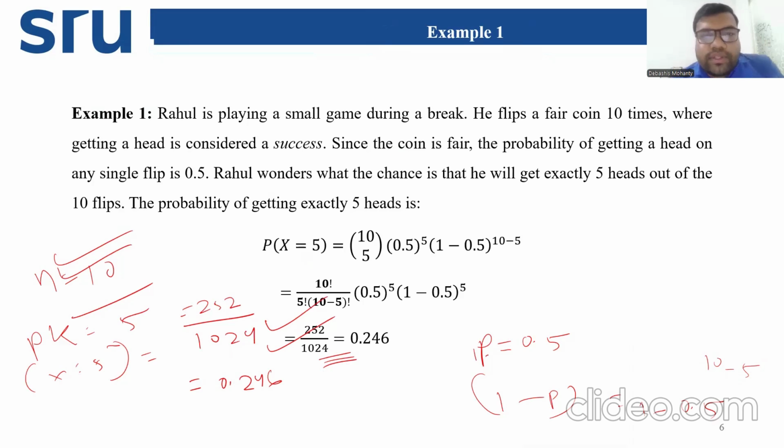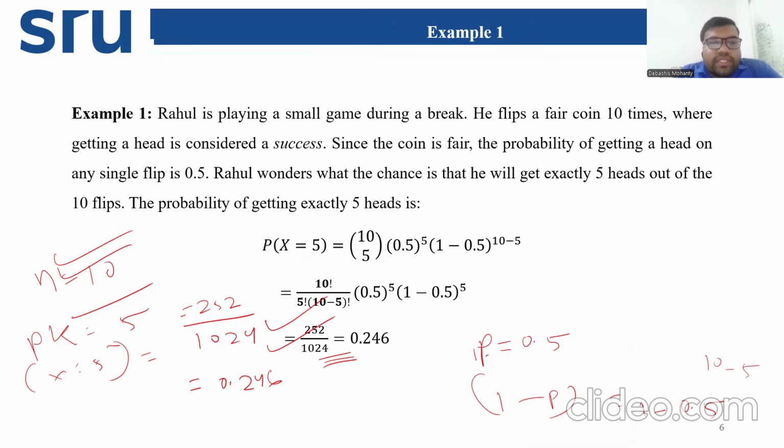Okay, students. This is one simple problem that explains the binomial distribution. If the n value, the number of trials, is given as 10, and the number of successes k is given as exactly 5, then in the question we have to identify the value of p. That is very important.